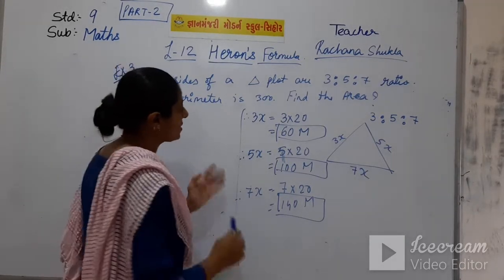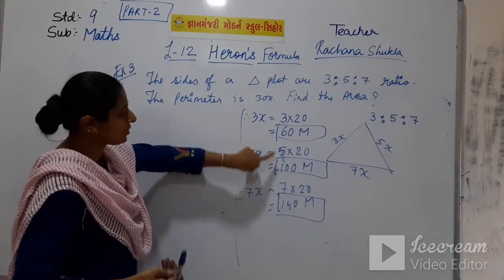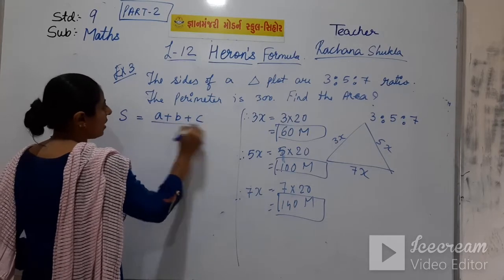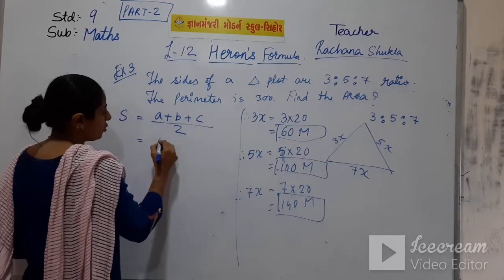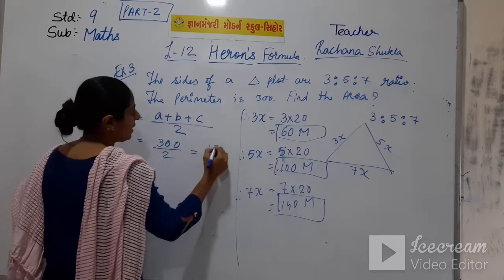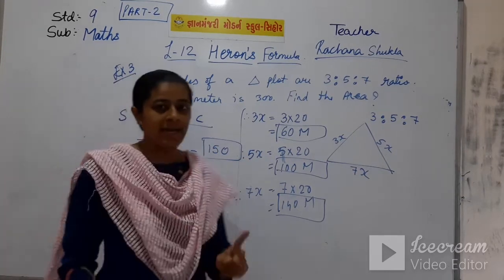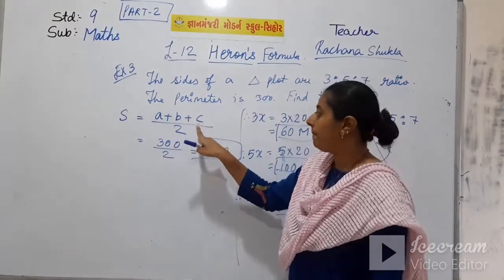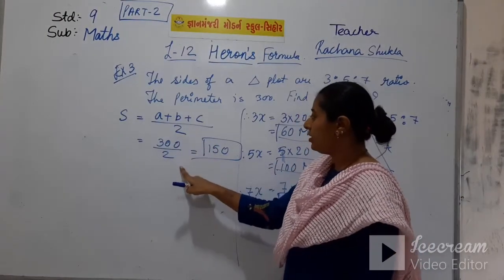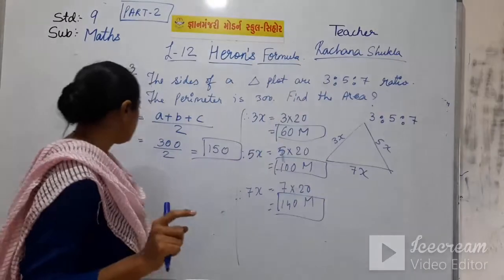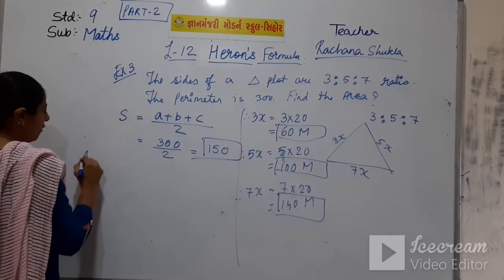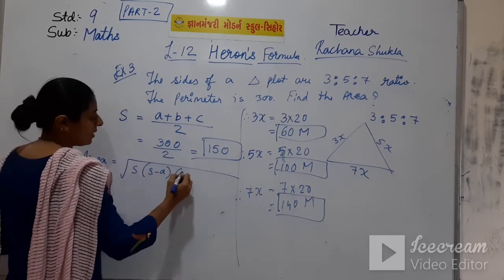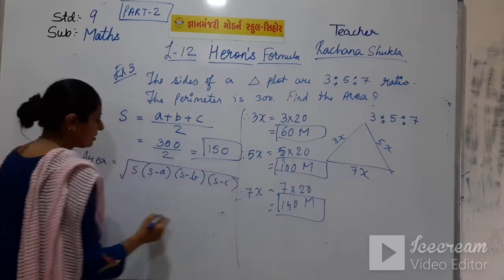Coming to the second part of the sum, we have seen that we got three sides this way. So our S will be a plus b plus c upon 2, that is 300 upon 2, that is 150. We got S as 150. The formula of area is equal to the square root of s into s minus a, s minus b, s minus c.